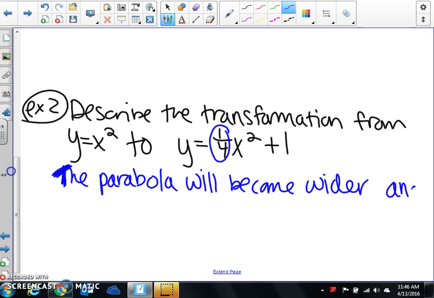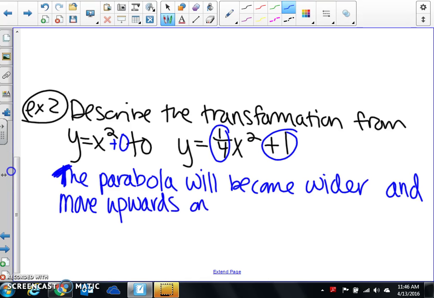And now we have to think about what this +1 does. So this is technically +0. I told you the constant at the end affects the y-intercept. So if the y-intercept for the first one is +0 and the second one is +1, we just move the entire thing up 1 unit. So the parabola will become wider and move upwards 1 unit.